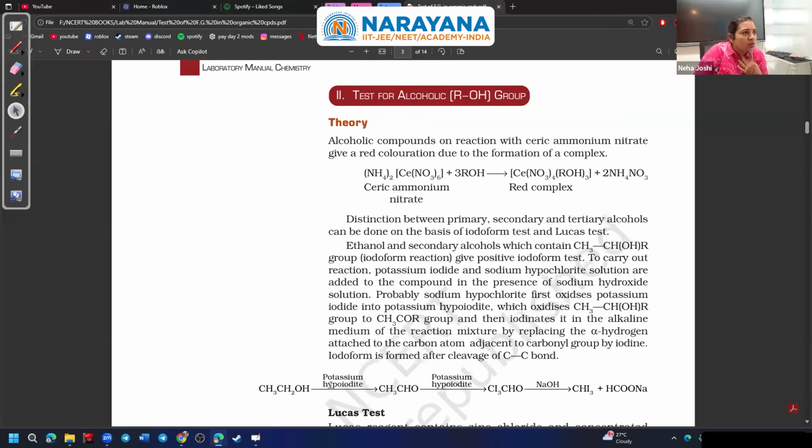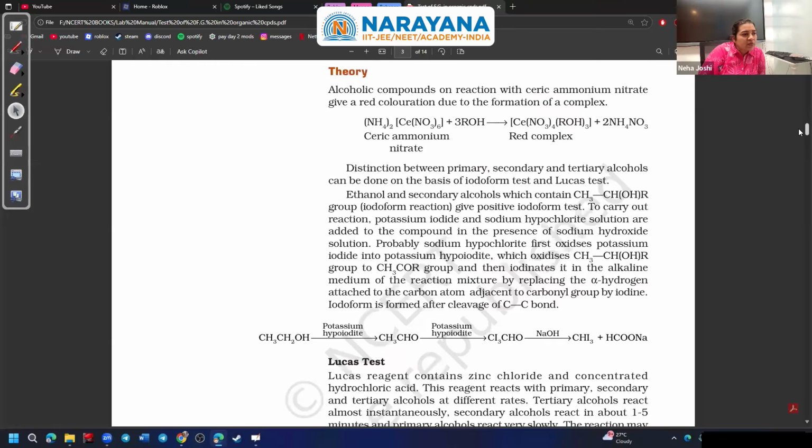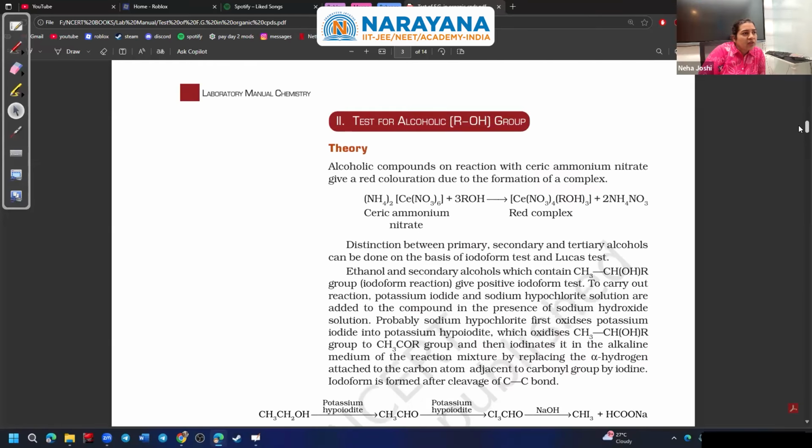Alcoholic compounds on reaction with ceric ammonium nitrate give a red color due to the formation of this complex. Distinction between primary, secondary, and tertiary alcohol can be done on the basis of iodoform. They have not referred here specifically to phenols, right?